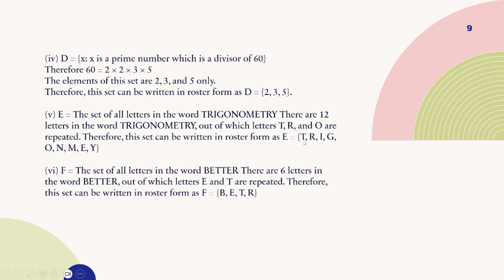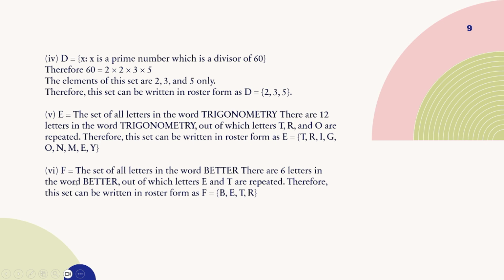Now let's see the word trigonometry. We didn't write T again because it is already written, and we didn't write O again because it is already written. So T, R, O are repeated and are written only once here.